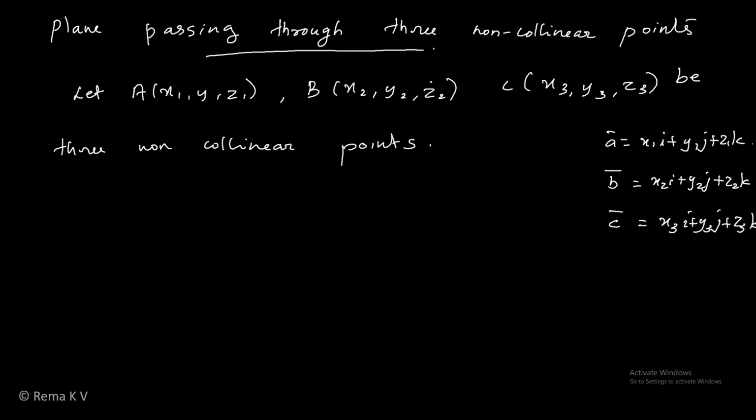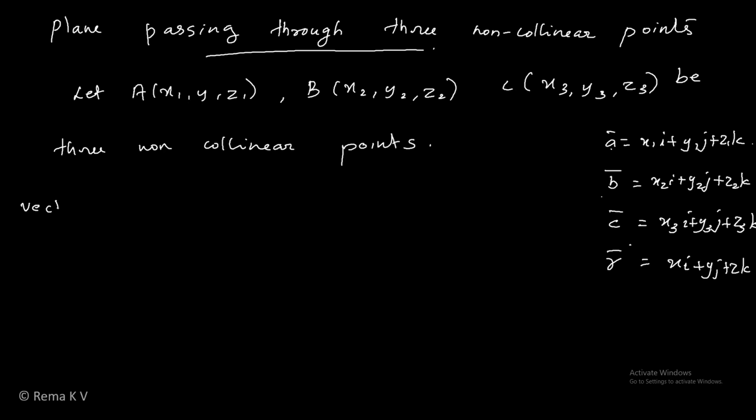So three non-collinear points are given to us, and the corresponding position vectors are here. Let R be the position vector of an arbitrary point lying on the plane, that is xi plus yj plus zk.